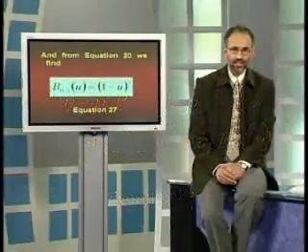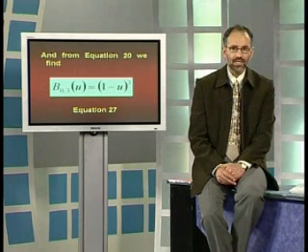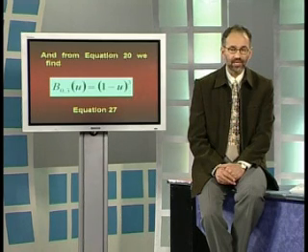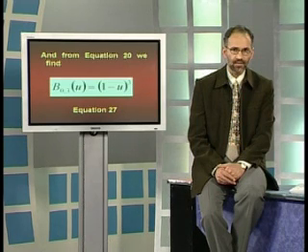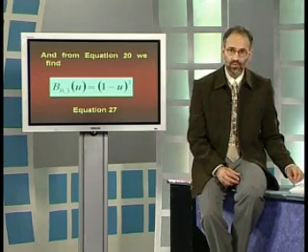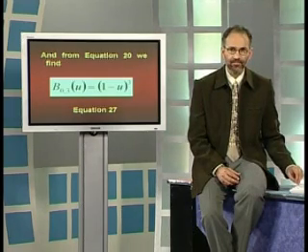And from equation 20, we find that B0,3 of u is equal to (1 minus u) cubed. We're getting back to the same equation that we came up with for the cubic Bezier curve earlier on. So making use of that equation and comparing it with the current one, that's what we come up with, that B0,3 of u is equal to (1 minus u) cubed. Mark it as equation number 27.